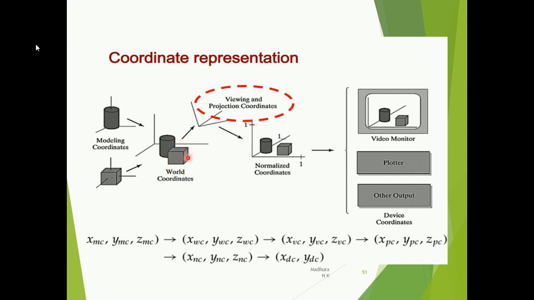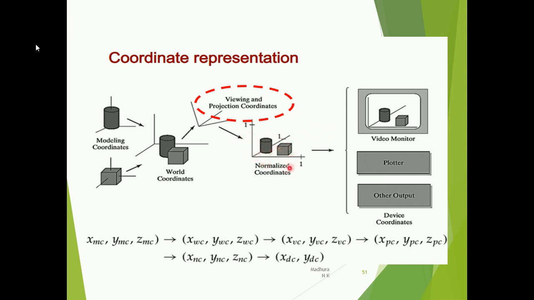After world coordinates, these will be converted to projection coordinates, and then converted to normalized coordinates. For this normalization, we have a normalization function also. And remember that these normalized values will be between -1 and 1.